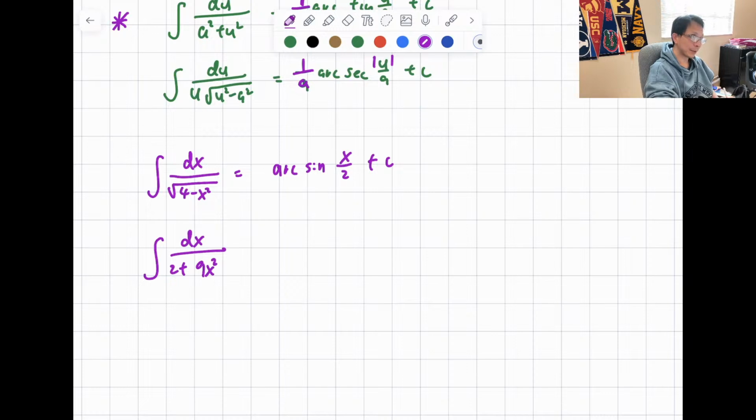In second period, some people paid attention and actually got an answer, but only if I told them correctly the first way. So this class, I want you to experience it, not be taught. See if you can find the right answer, like first period, and see how many of you can get it. Yep, dx over 2 plus 9x.